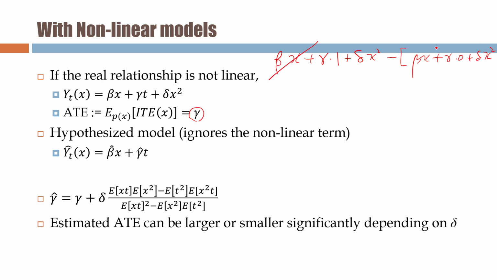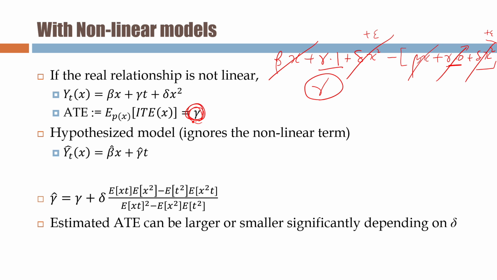So this will cancel out, and this will cancel out, and this is already multiplied by 0, and this is just gamma. So only gamma is left over. Of course, there is an error term on both sides, but the expected value of the error term is 0, so you have only gamma.